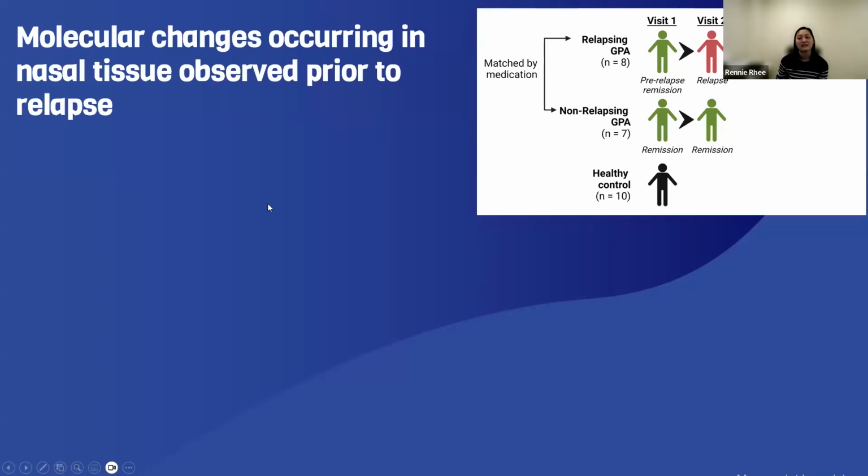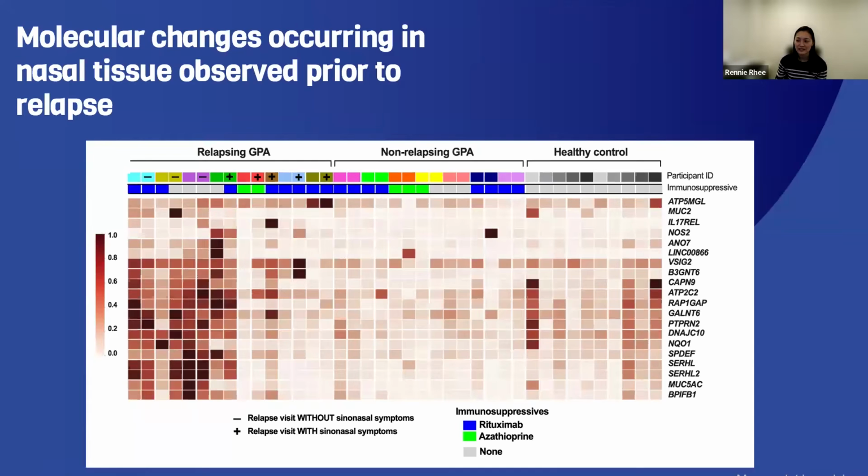And what we found again was that there were changes that were detectable many months before the onset of relapse. And this is just a heat map of multiple different genes. Each row is a different marker, and each column is a different time point.